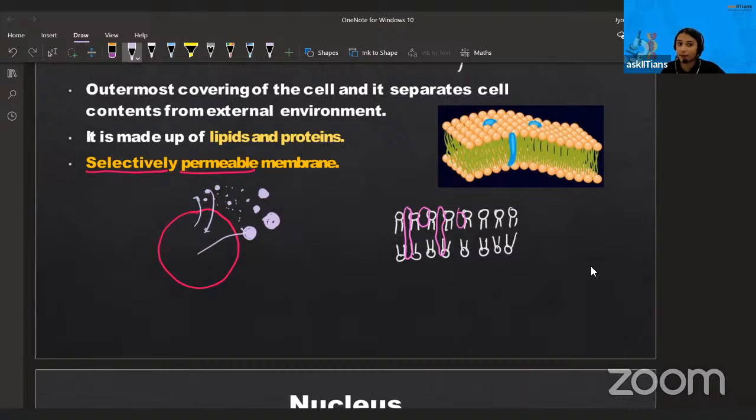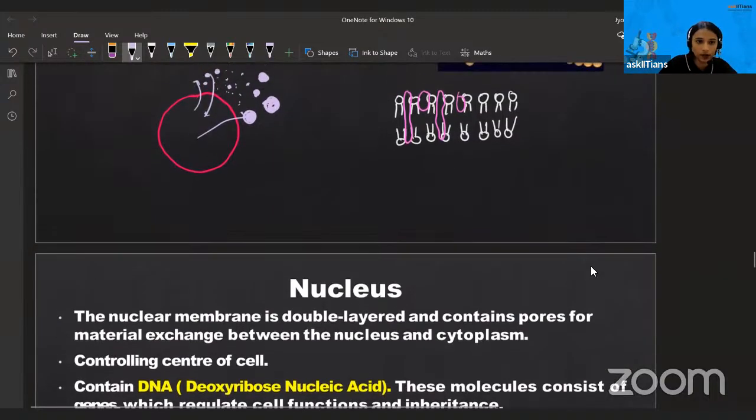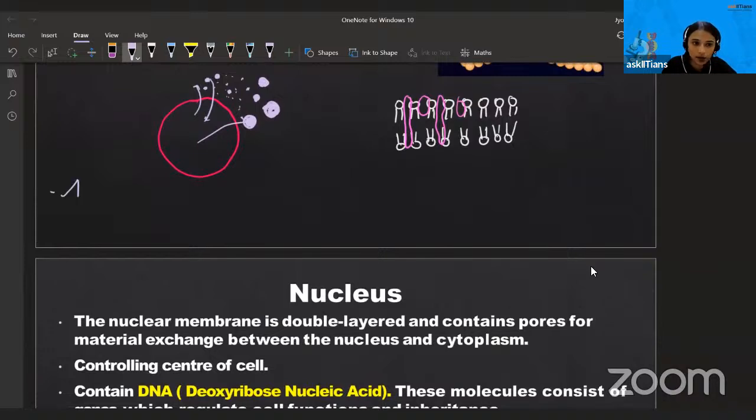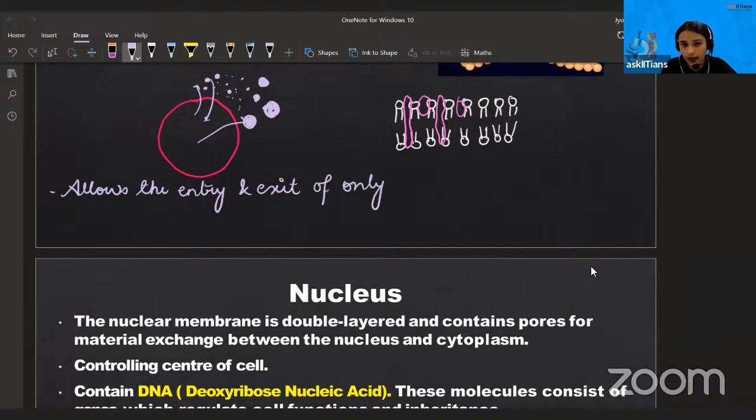That's why I'm saying our plasma membrane is selectively permeable, because it allows the entry and exit of only selective molecules.